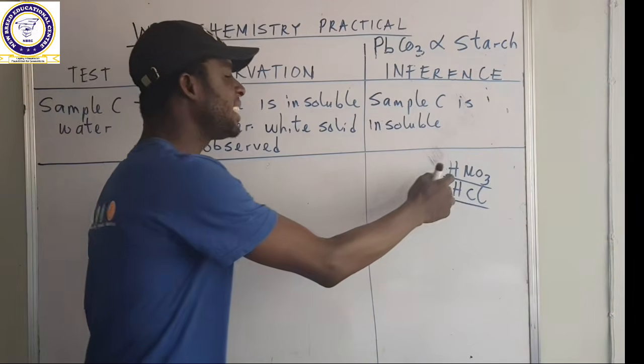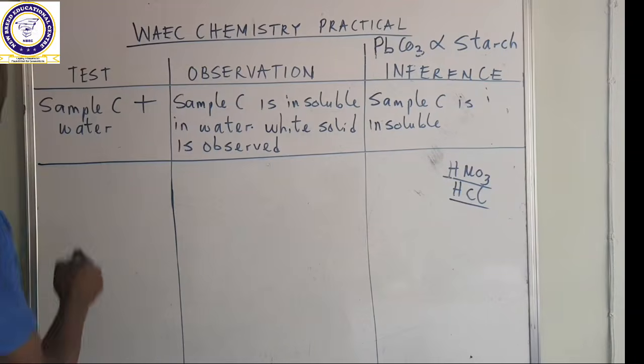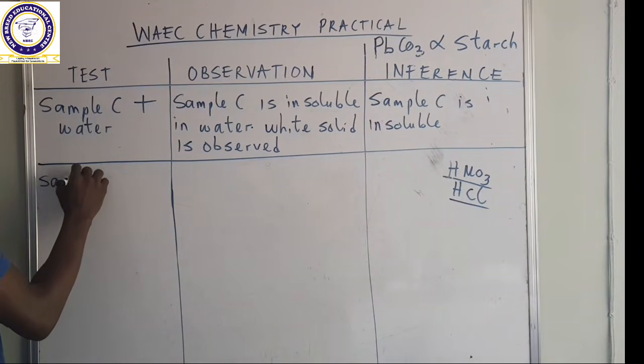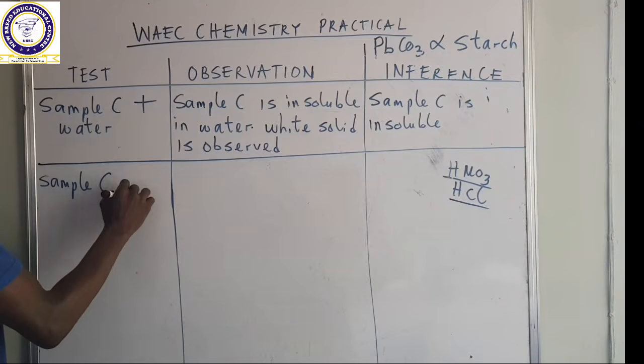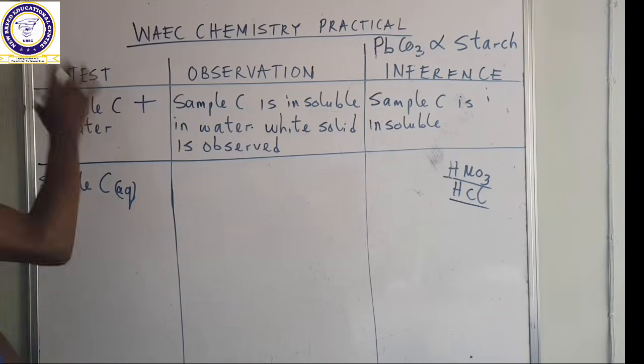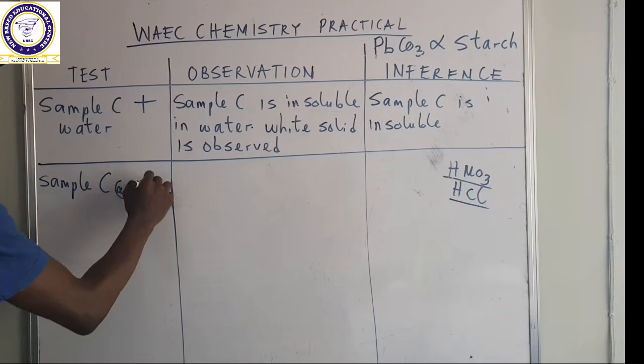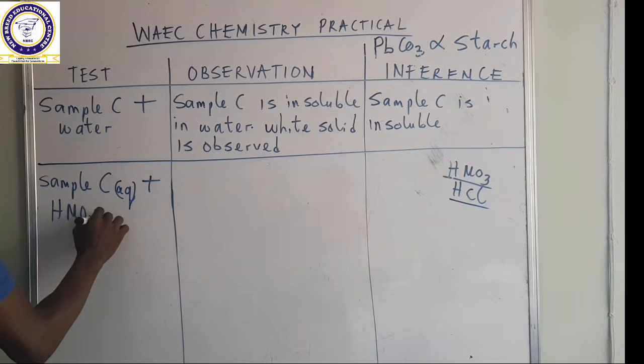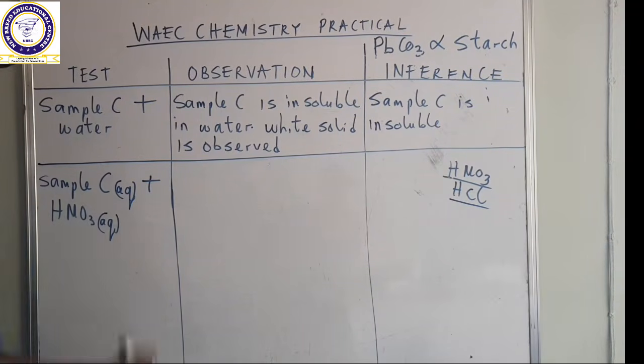But now if you are adding HNO3 to your test sample, so we still have our sample C. Sample C aqueous. It is now in aqueous form because we have added water to it, plus HNO3. Now let's see what our observation is going to be. We are chemistry students, and this is a reaction that is taking place, so let's write the reaction.